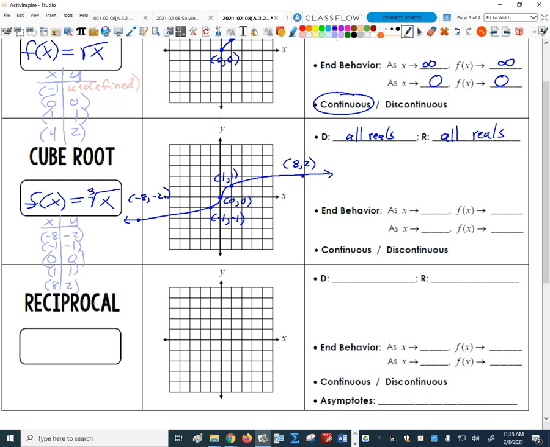End behavior as x approaches positive infinity: if I go to the right forever, the function is going to carry me up forever also. So it's infinity. As x approaches negative infinity, as I go to the left forever, the function carries me down forever. So f of x approaches negative infinity, and it is continuous.